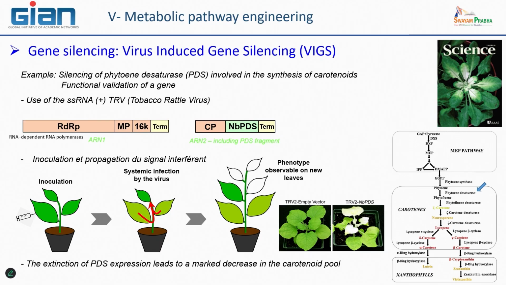We inoculate both of the two constructions to the plant. There is a systemic propagation of this virus particle. And after, what you observe is that the young leaves are not able to produce phytol, which means that the experiment was good.